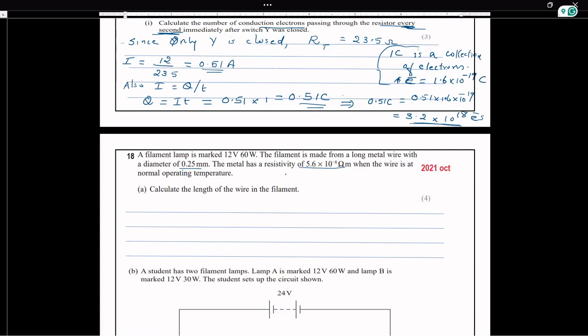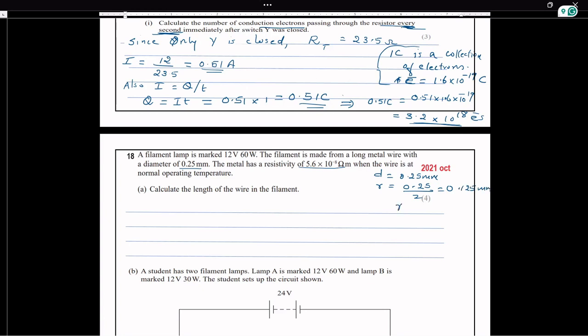So here the diameter is 0.25 millimeter, and the radius is half of that, 0.25 over 2, which is 0.125 millimeter.